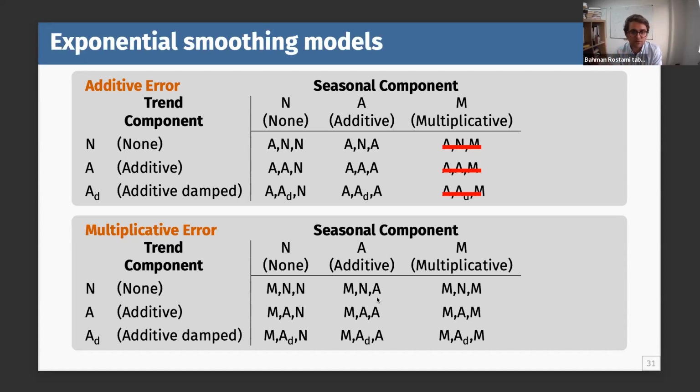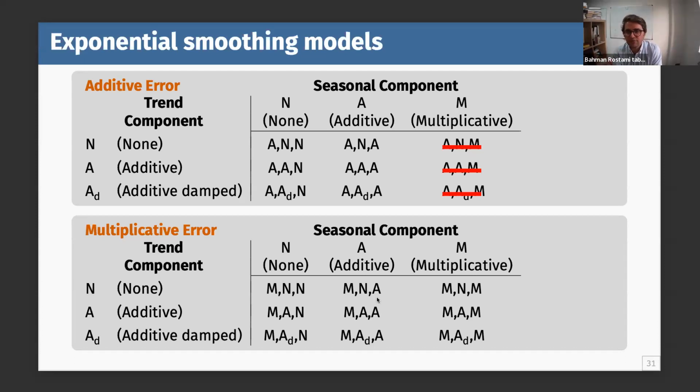So in these models, we start with the simplest case, where we have only the level, right? In addition to level, we also have trend and seasonality. If there is no trend and no seasonality in your data, probably the best model you can use in the family of exponential smoothing is the ANN, which corresponds to simple or single exponential smoothing.